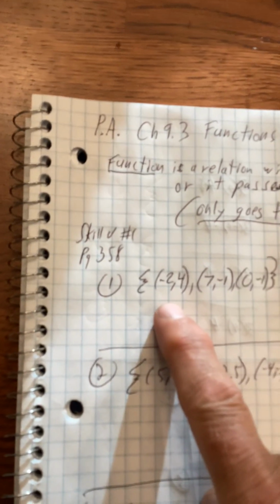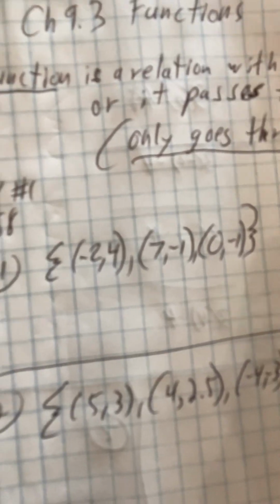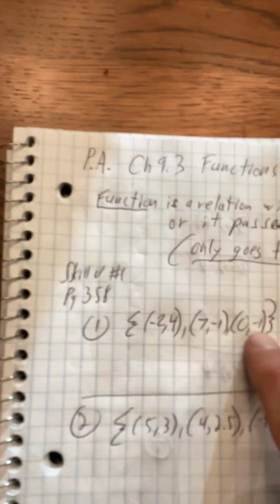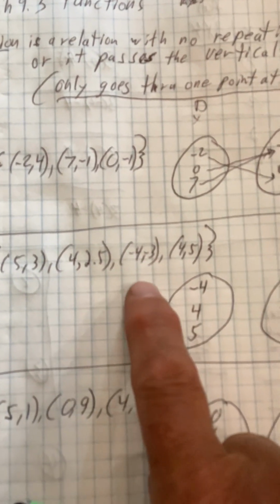So -2 goes to 4. I just draw an arrow. Now let's make sure, do they have arrows? Yeah, they have arrows. And then 7 goes to -1, and 0 goes to -1. Doesn't matter if you have repeating y's, you just can't have repeating x's.